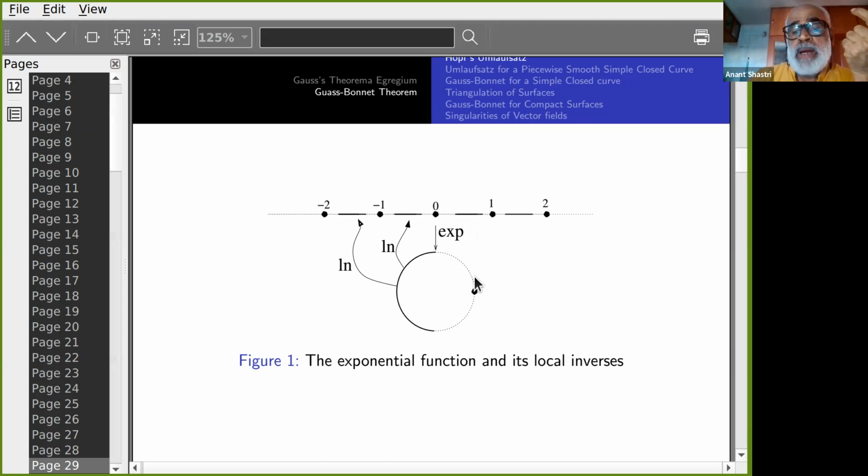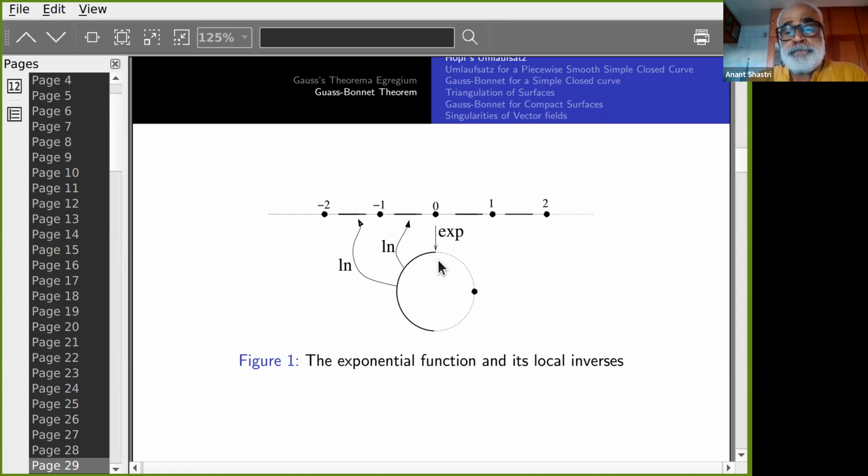All of them will be mapped to this entire circle minus the point that you have deleted. Okay, this is the picture of the exponential function, and I'm going to use this one only. After that, no complex analysis, nothing. You have to know this topological property of the exponential function.